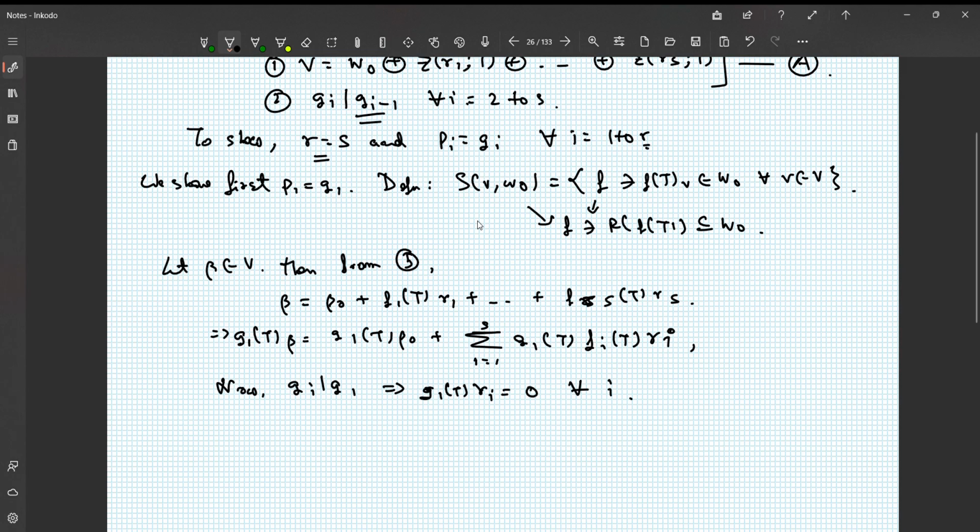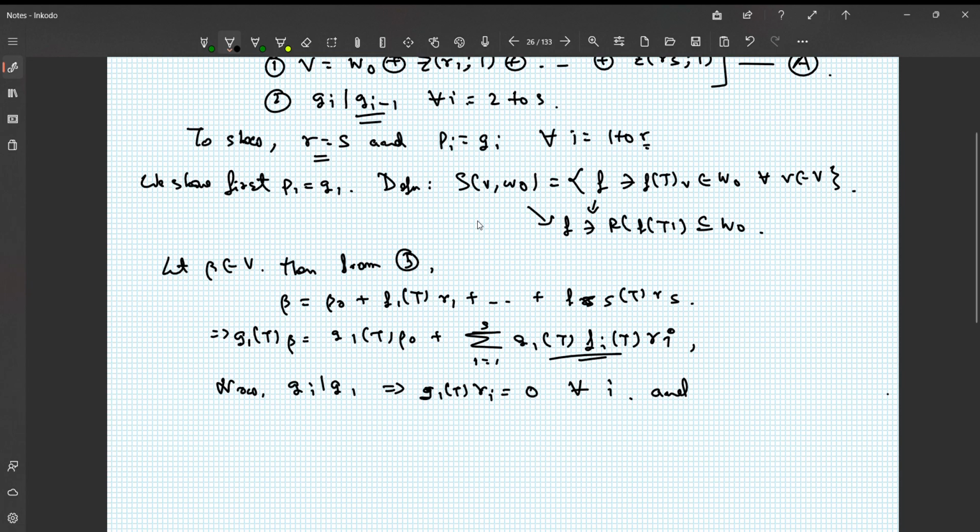So that implies g1(T) of gamma i, I'm very sorry, gamma i, must be equal to 0 for all i. And if g1(T) of gamma i is equal to 0 for all i, and then g1(T) of beta naught must be in W naught.